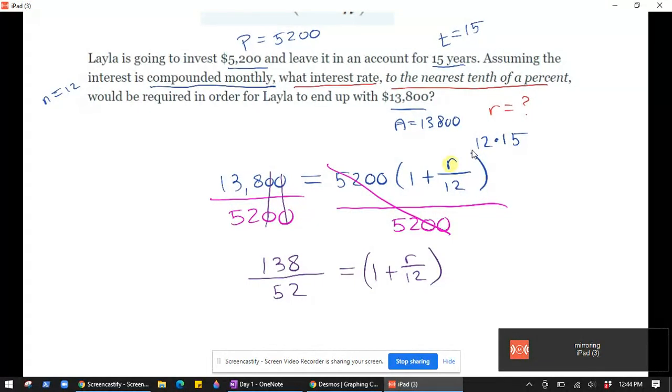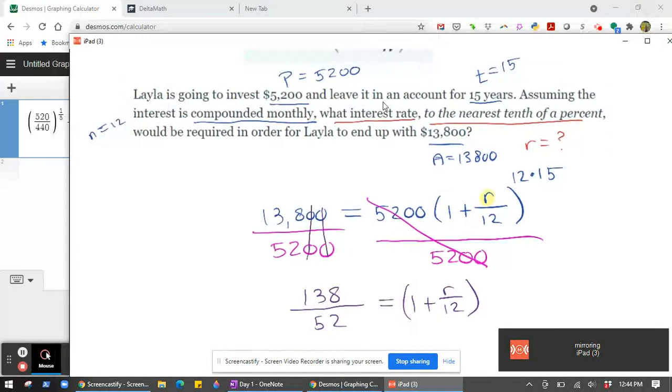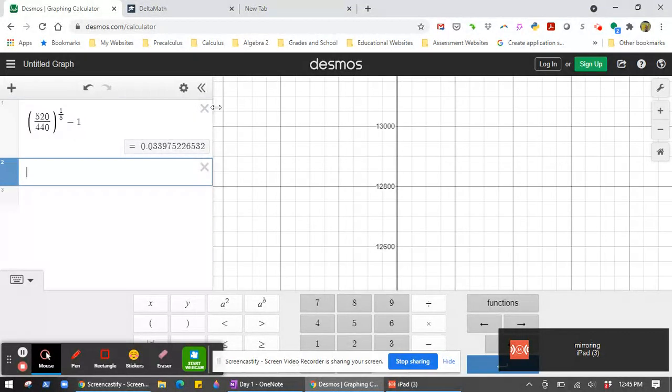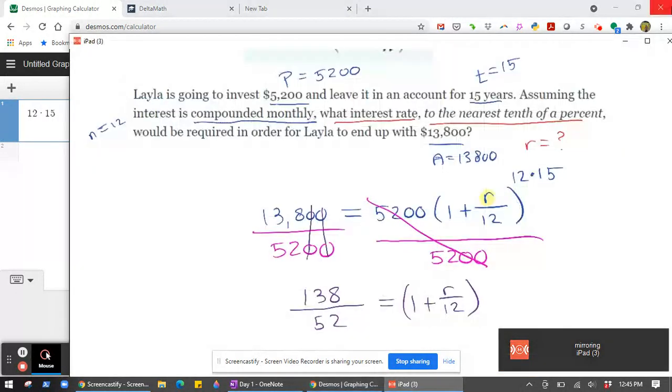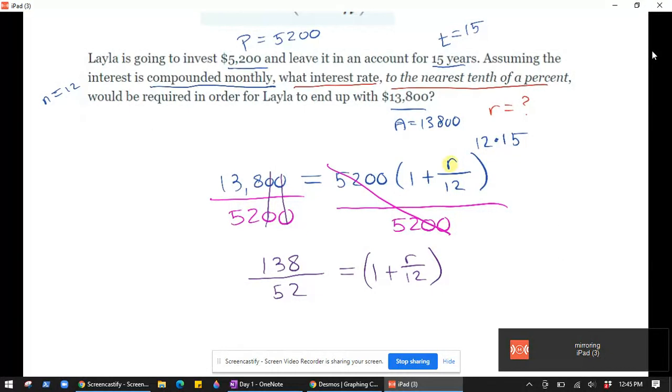Now I've got to do 12 times 15. I want to do that to see what that is as an actual number. So 12 times 15, and I get 180. So that's 180. I've got to undo raising to the 180.